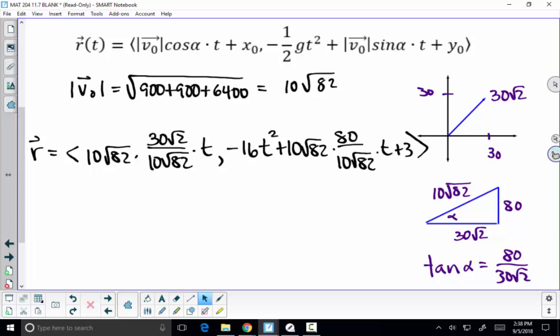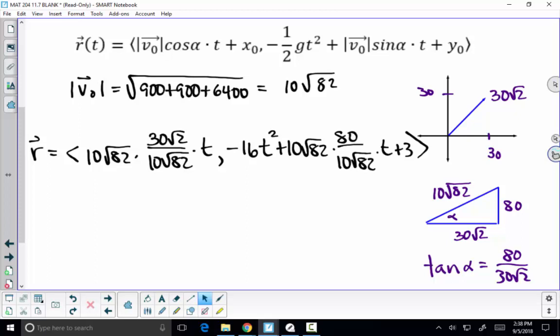So we factor out 118, 82, 10 root 82, square root of 82. 10 root 82 is 91. Yeah, no, it's not smaller. But 10 root 82 is smaller than 30 root 2, right? Yeah, it's 14.